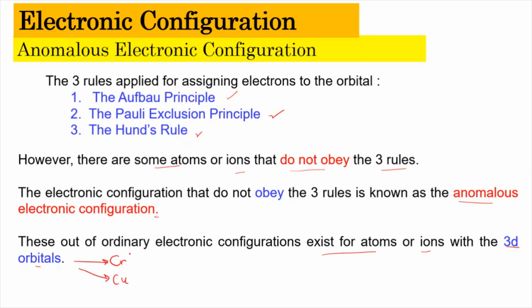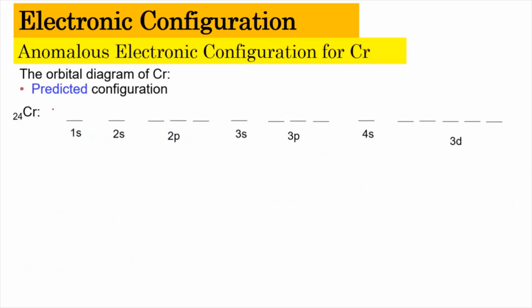So let us look into chromium first. Anomalous electronic configuration for chromium. Chromium has a proton number of 24, and in the neutral state it has 24 electrons as well. To make your life easier, we start with the SPDF notation first.